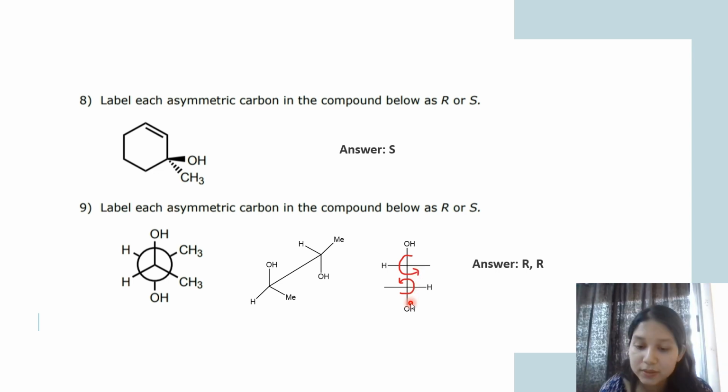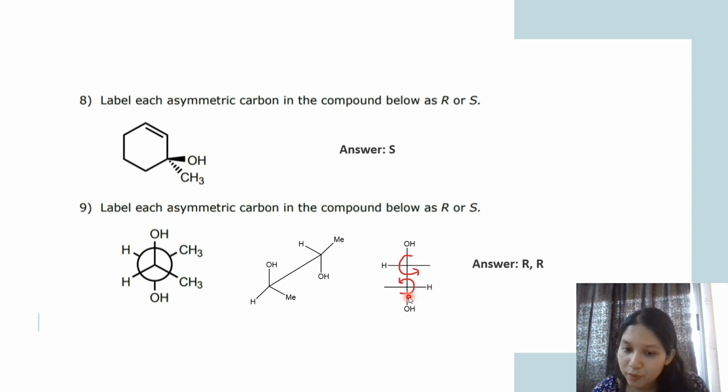Similarly, let's look at the second center. This is 1. This is 2. This is 3. And this is the fourth priority group. And similarly, here also the fourth priority group lies in the horizontal plane. Hence, the rule will reverse in this case also.